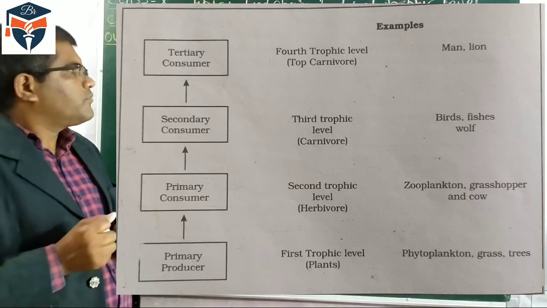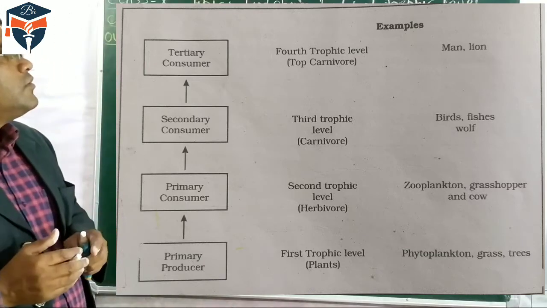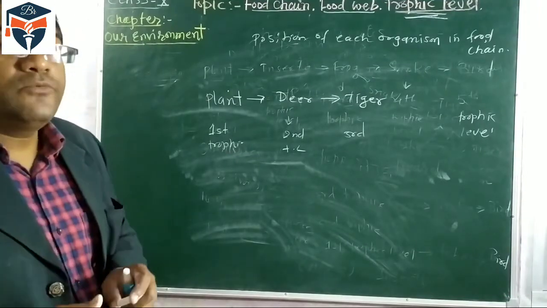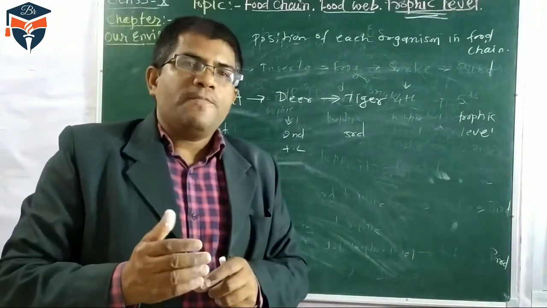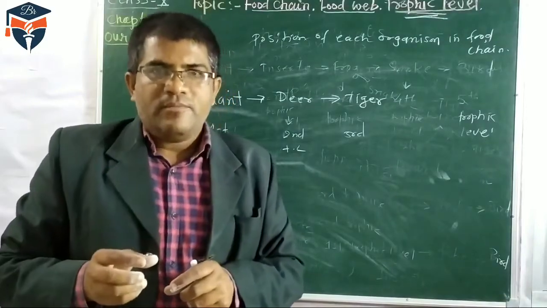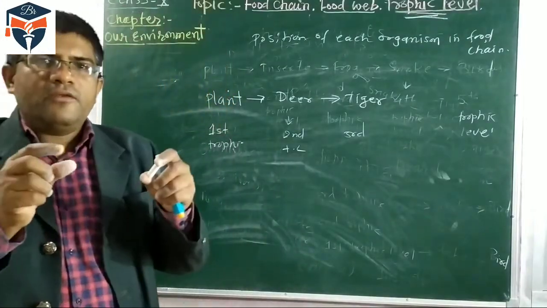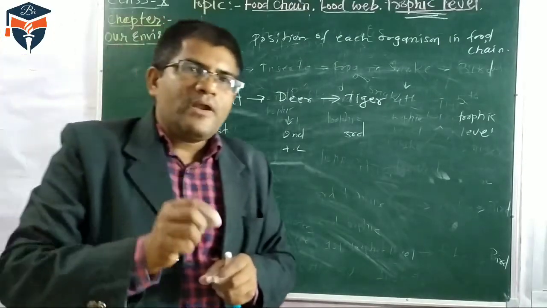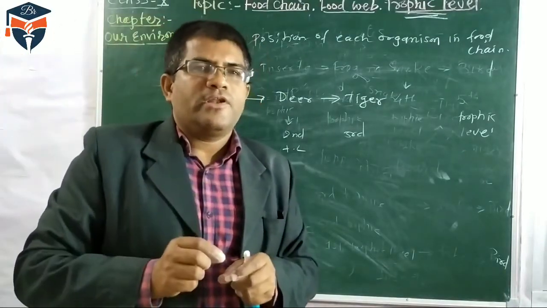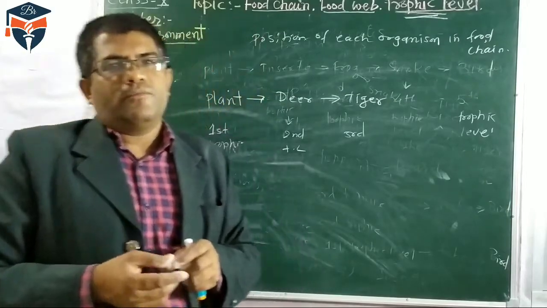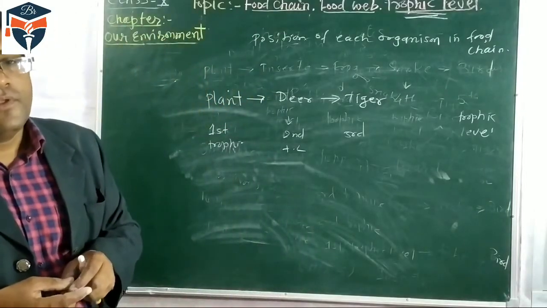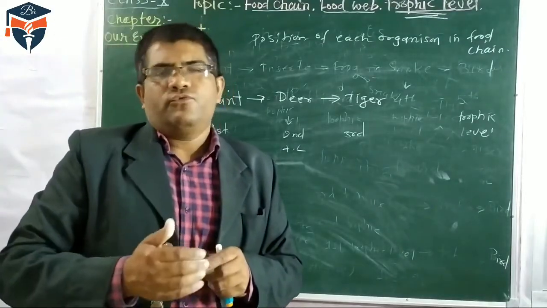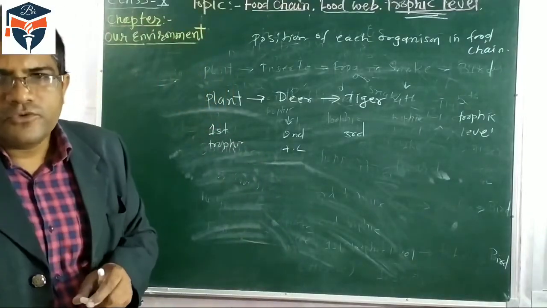So here it is all about food chain. So let me revise this. The food chain is a sequence of organisms in a chain, in which organisms are sequentially arranged and transfer of food or transfer of energy takes place from one organism to another organism. There are two types of food chain: grazing food chain and detritus food chain.